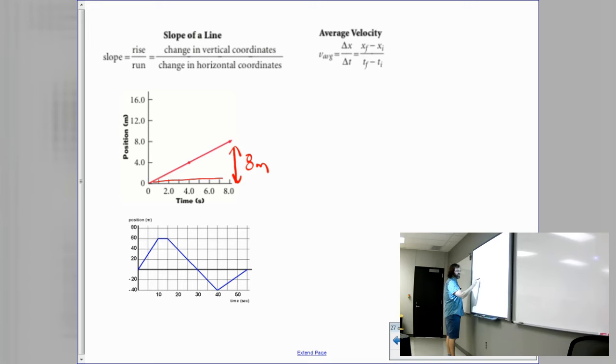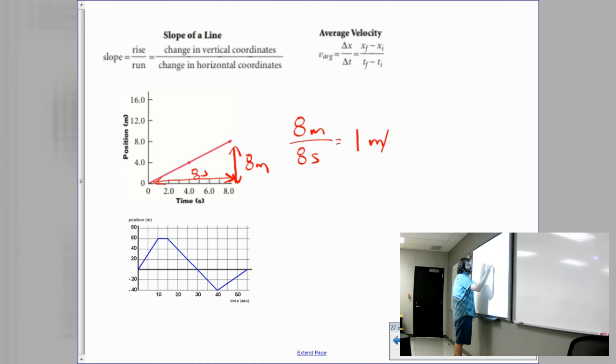And the change in horizontal components is 8 seconds. So the change in vertical, 8 meters, divided by 8 seconds gives me a velocity of 1 meter per second. Fairly simple to figure out, but again, that's a good example of using the slope to find the velocity.